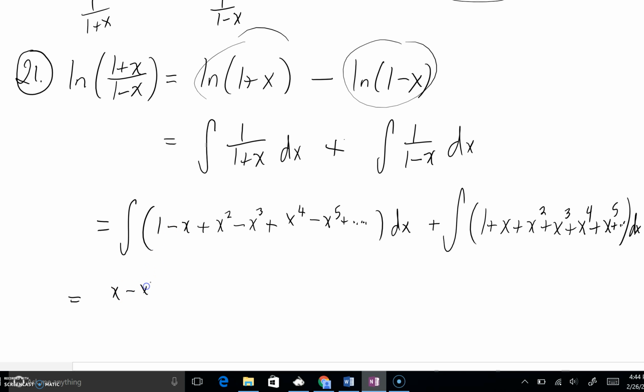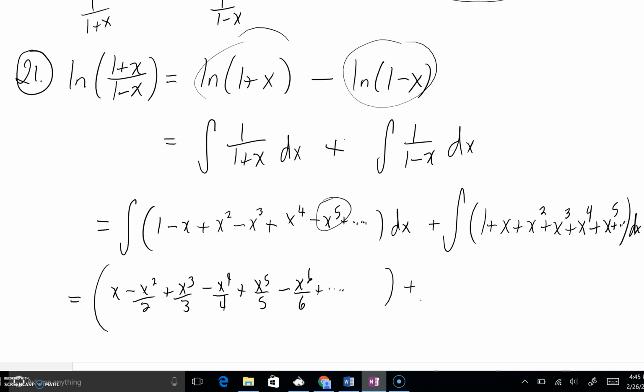Then this would be minus x squared over 2 plus x cubed all over 3 minus x to the fourth all over 4. And then we could say plus x to the fifth all over 5. We bump up x to the sixth, divide by 6, and we're going to continue on with this pattern going on forever.